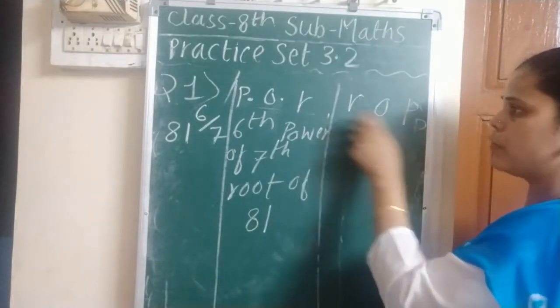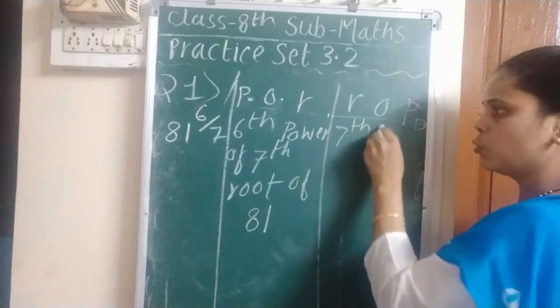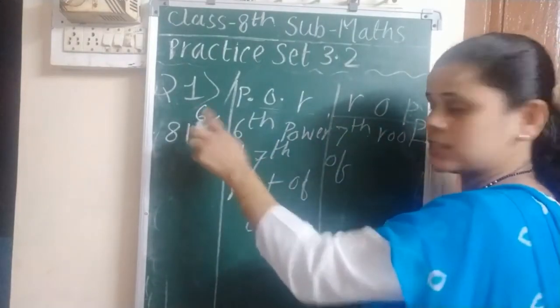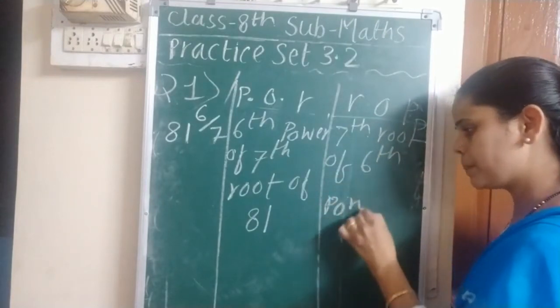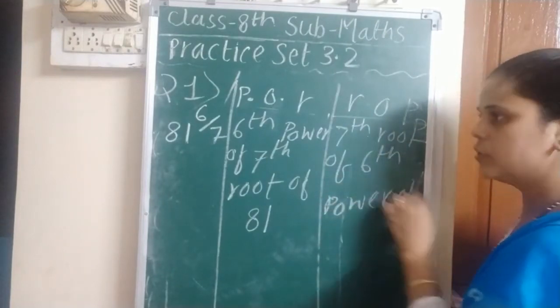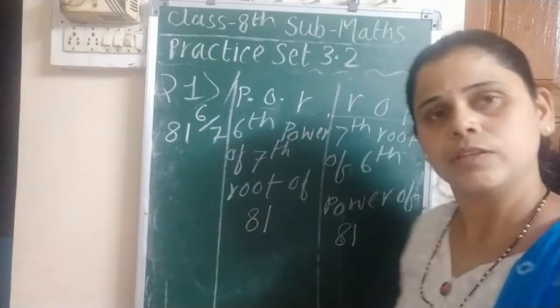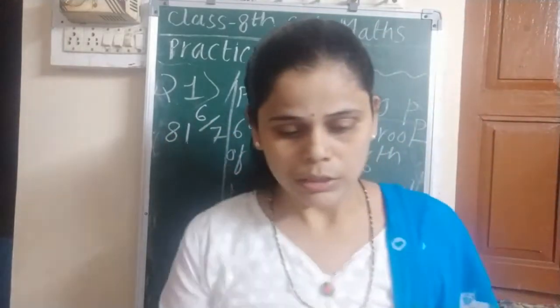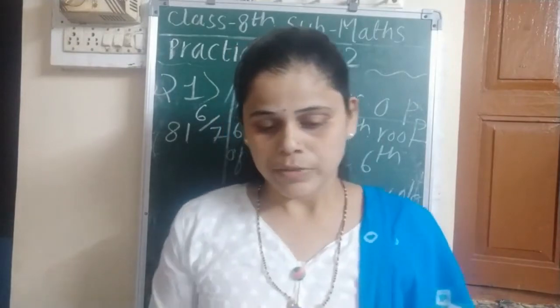And the root of power form: root is 7th root, so 7th root of 6th power of the base number, which is 81. So 81. Okay, understood? So in this way you can fill the table, the 3rd, 4th and 5th question.